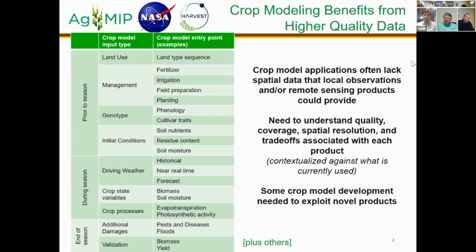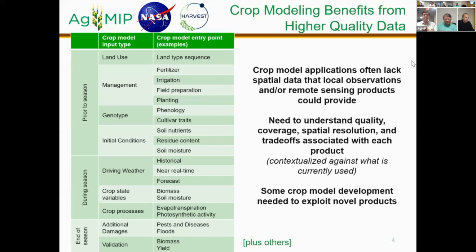So overall, when we look at this, everybody who's run a crop model has made some kind of assumption about any of these things. Maybe the assumption is, we're going to use a cropland data layer for land use, or we're going to use other publicly available sets of information, or maybe just make assumptions about the types of farm systems that are representative of a given region.